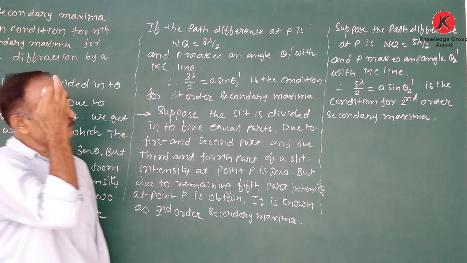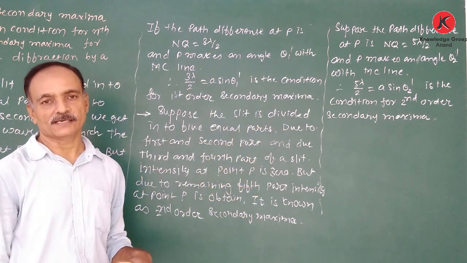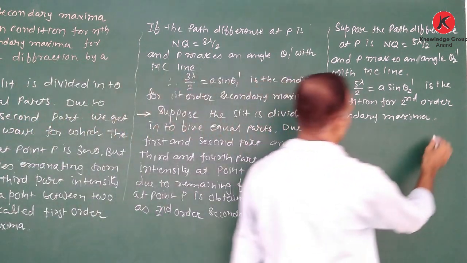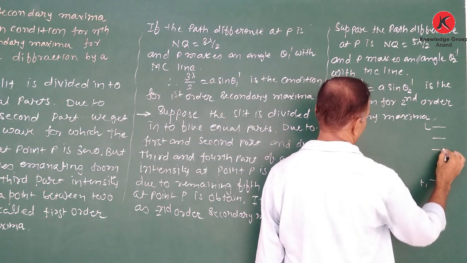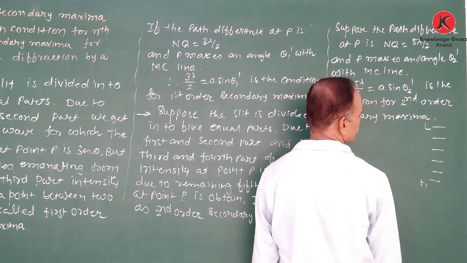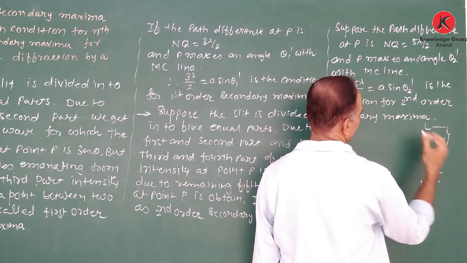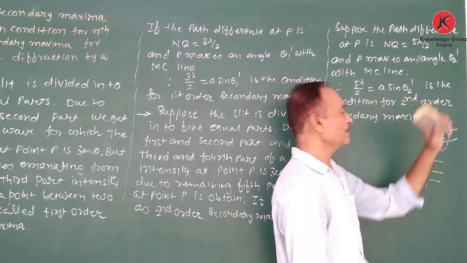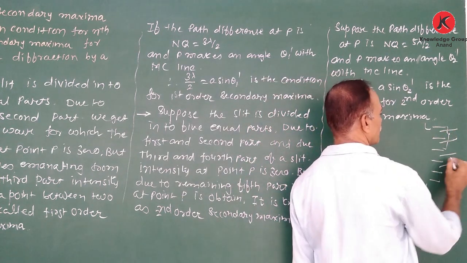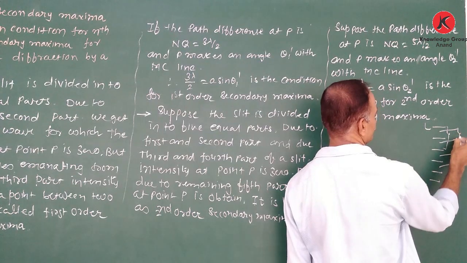Now, instead of three parts, we divided the slit into five parts, like this way, there is the slit LN. So here there is the first, second, third, fourth, and fifth. Due to any four parts, we obtain pairs of waves, so the intensity at point P is 0, and also here 0.